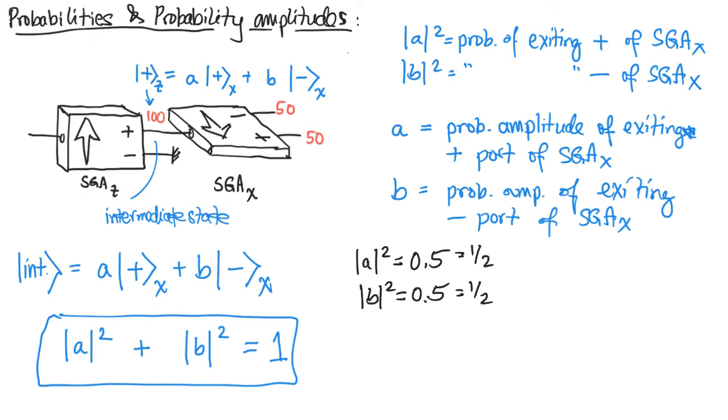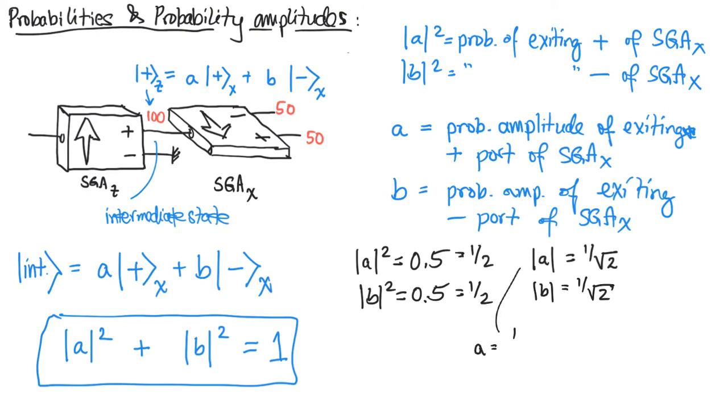So that tells us that the magnitude of A has got to be 1/√2. And likewise, the magnitude of B is also going to be 1/√2, right? Remember, the magnitude is a positive quantity. But that means that there are many values that A could take, right?